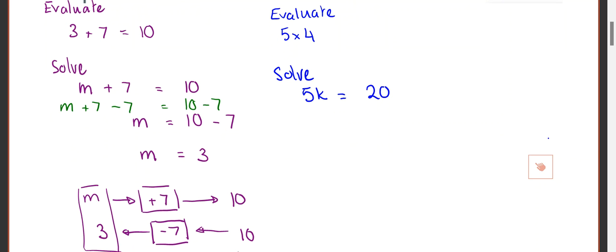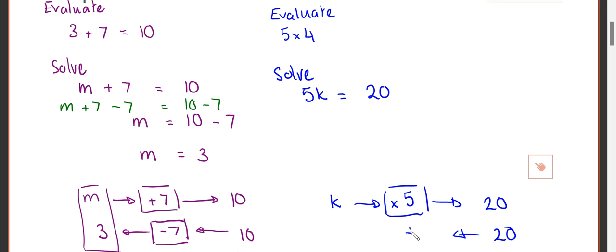That's one of the issues. We don't do 5 divided by 20, we do 20 divided by 5. So k gets multiplied by 5, and I get the answer 20. So 20 has to be divided by 5, and I get the answer 4.